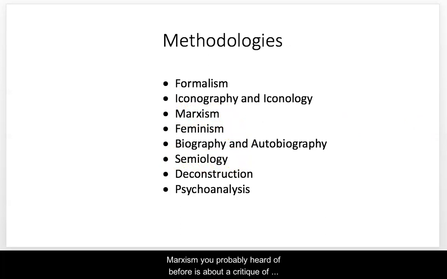Marxism, you probably heard of before, is about a critique of social classes, and some people like to look at artwork, especially through that. We would see a feminist approach when I talked about the suffragettes slashing that painting. This is looking at the way in which the relationship between men and women, and especially the power dynamics, are at play.